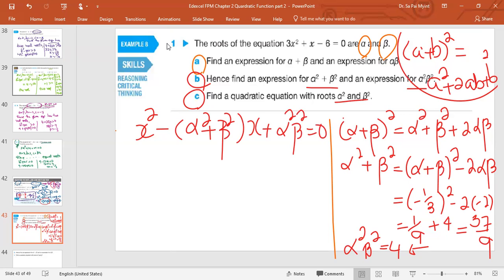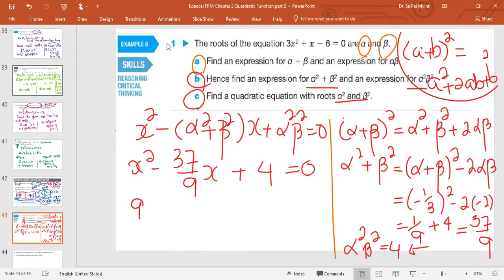So what do you get? x square minus, what do you get? Alpha square plus beta square is 37 by 9 x, and plus alpha square beta square is 4, equal to 0. We need to multiply by 9 each time.